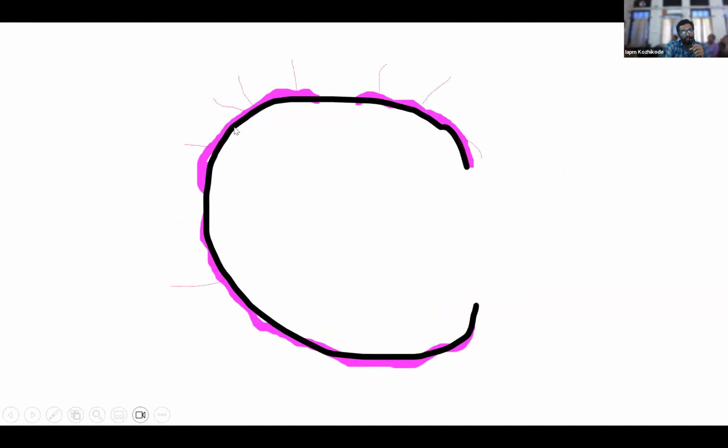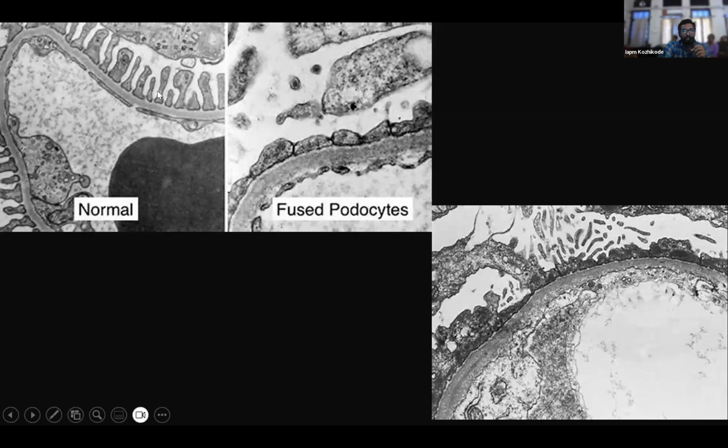You will lose the fineness of the structure of the podocytes. It will become attenuated. The fineness of the structure of the podocytes would be lost, and it will have fine microvillus projections. So this is how things should look. It will lose all its fineness.